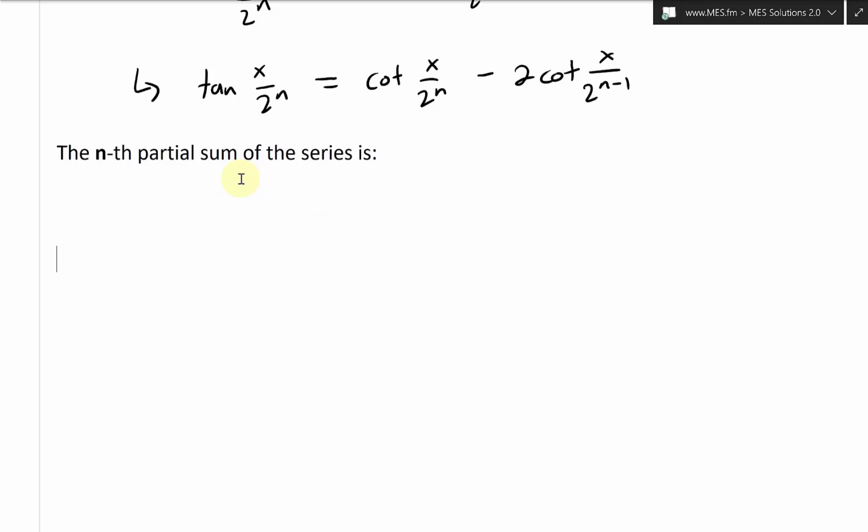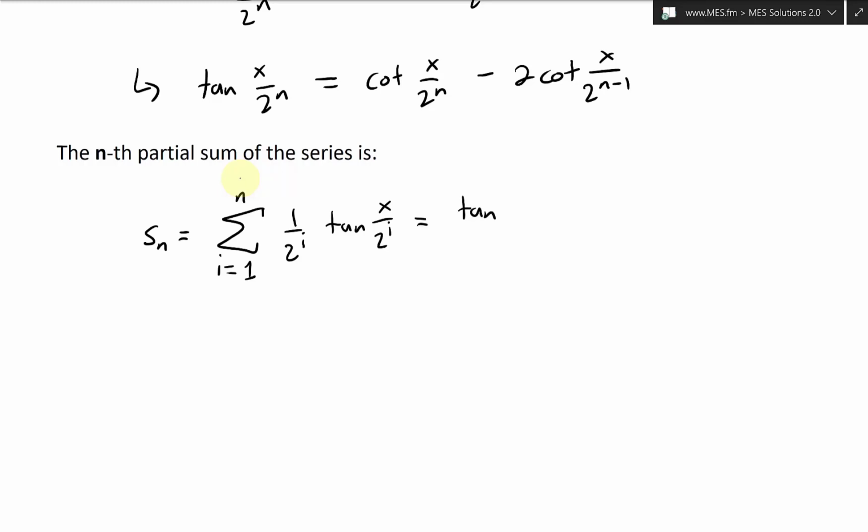So the nth partial sum is going to be written as S_n, and we'll write this as summation, and we'll change a variable. So it's up to n instead of infinity, and instead of n, we'll start with i equals 1, like that. 1 over 2 to the power of i, and then we'll have tan of x over 2^i. Now when you plug in i is 1, we're just going to get x over 2 to the 1, so that's tan of x over 2, and then I'll divide this all by 2.